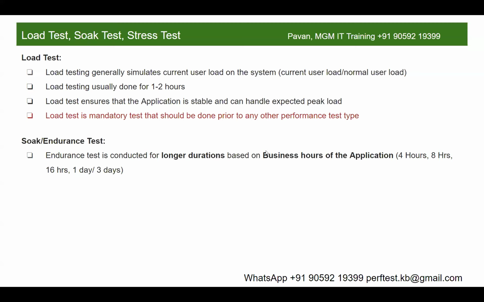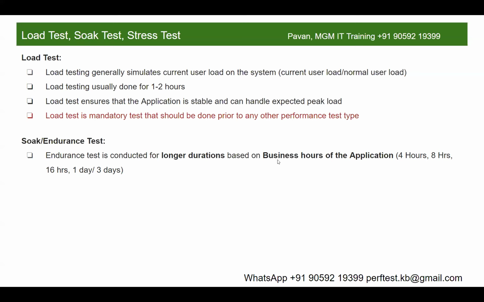How long should we do the testing? It depends on the business hours of the application. It can be 4 hours, 8 hours or 16 hours. It need not be a multiple of 4, it can be 12, 13 or 14 hours also, or 1 day or 3 days.